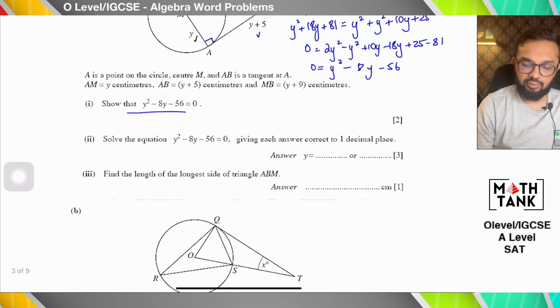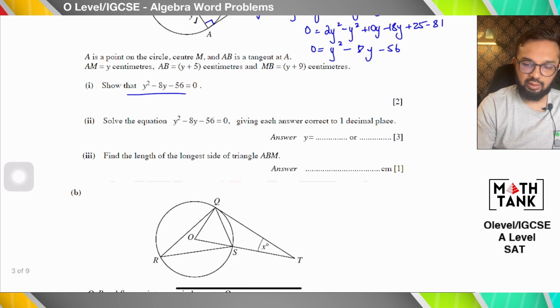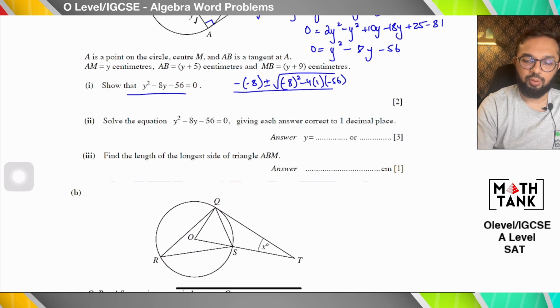To solve the equation, I think I can easily solve this by using the quadratic formula: minus b plus minus root of b squared minus 4ac, over 2a. Let's try solving our quadratic equation. 1, minus 8 and minus 56.